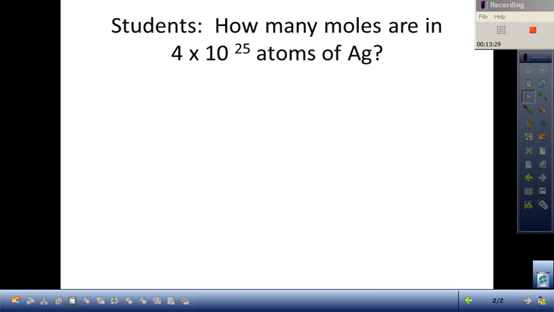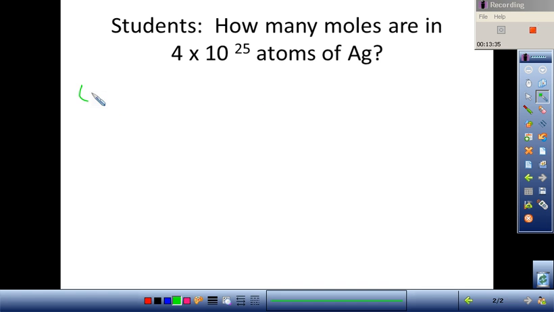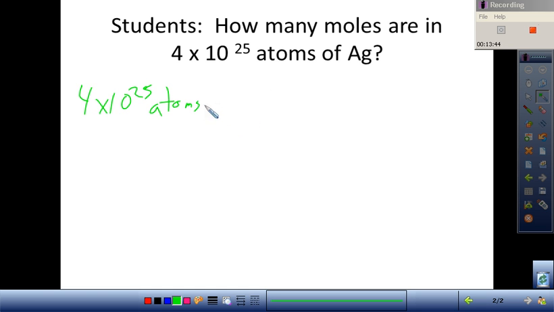Go ahead and work on this problem. Now pause the video and work it out. Alright, so I've written down the given. I don't want the atoms, so I write it down here.